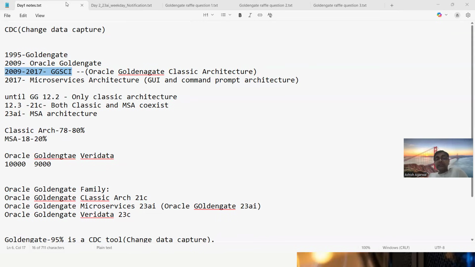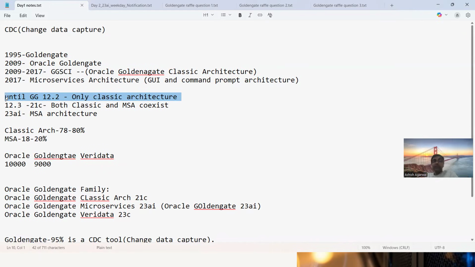Microservices architecture was launched in GoldenGate version 12.3. So just to give you a brief overview, until GoldenGate 12.2, only classic architecture was available. That is, you could set up, manage, troubleshoot, and configure GoldenGate only through GGSCI until GoldenGate version 12.2. Guys, whenever we are talking about versions in this training, it means we are referring to the GoldenGate version, not the database version.